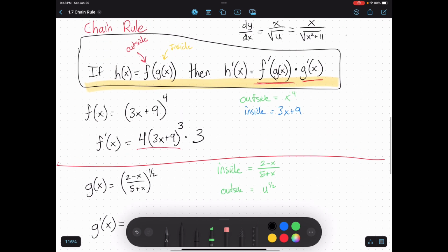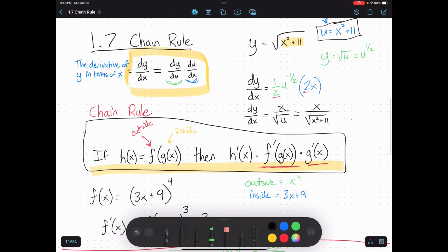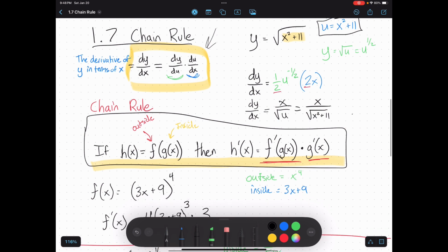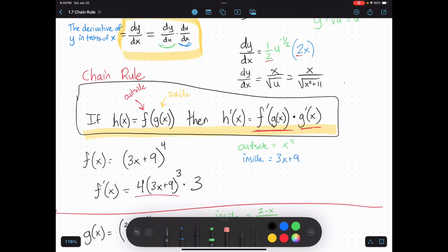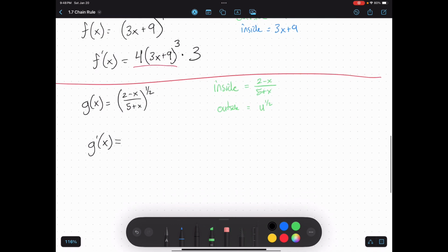And then if you remember, looking back at this top example of chain rule, my first thing I'm going to do is dy over du, which represents the overall function, the starting function, taking the derivative of that in terms of my middle variable, my u, whatever I declared u as, which really just equates to taking the derivative of the outside function. Okay, so let's start by doing that. Let's take the derivative of the outside function.